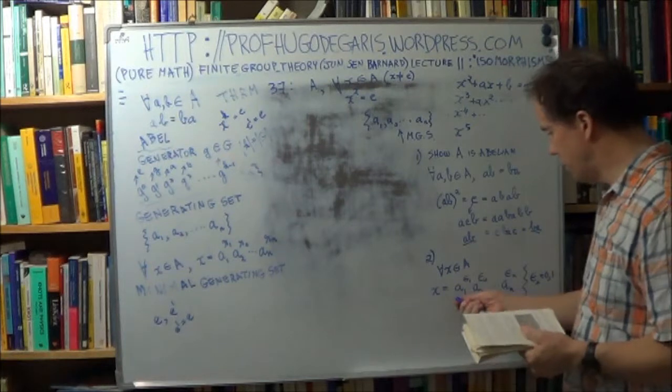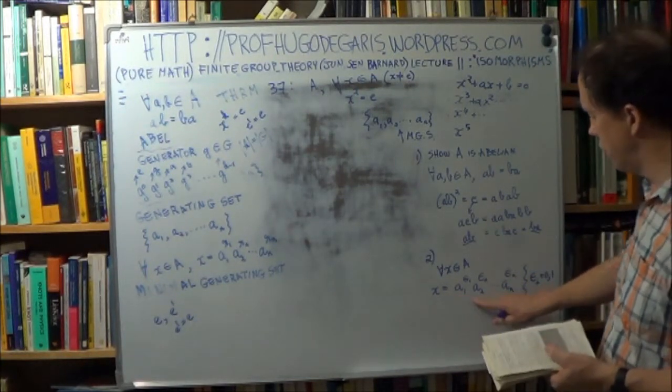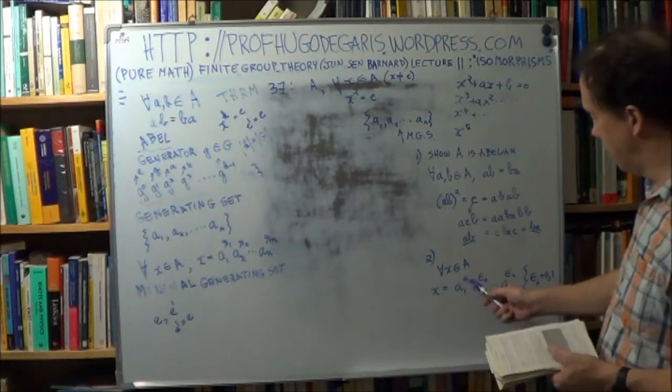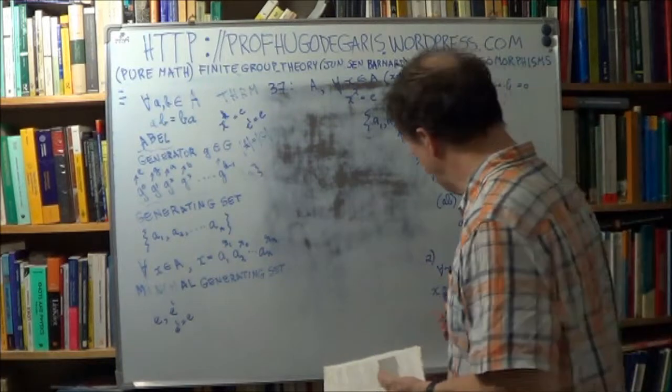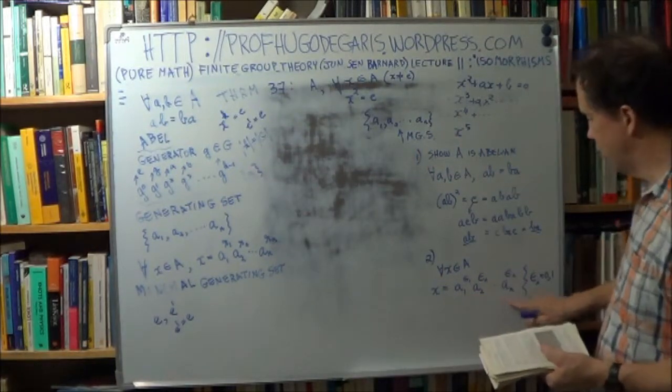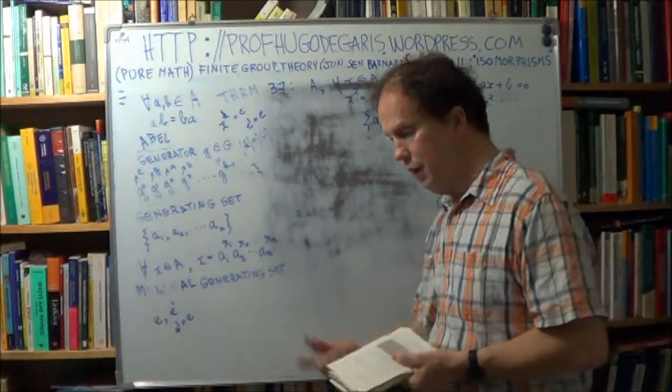We'll assume that there are two forms like this, that the same element can be written in two ways. So instead of having etas up here, we'll have something else, and we will prove that these two forms are the same. So that shows uniqueness.